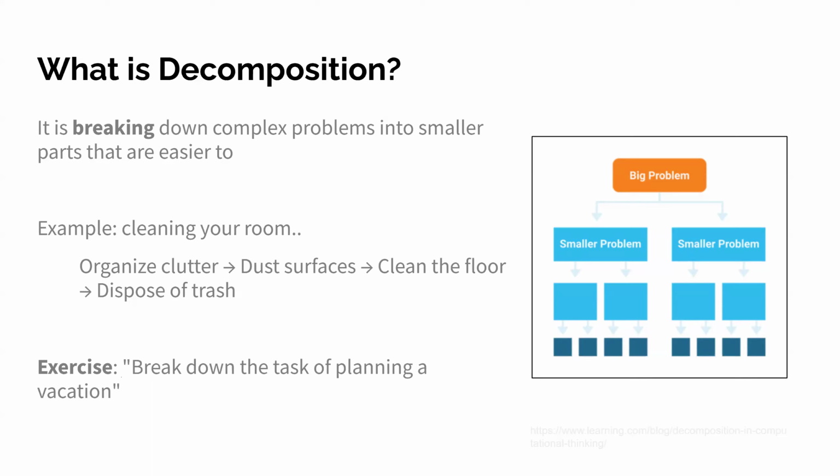So it's going to be organizing the clutter first, dusting the surfaces, cleaning the floor, disposing of trash. So as you can see, you've done decomposition, and you've done it because you needed it.